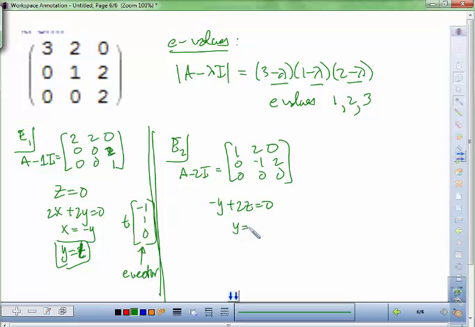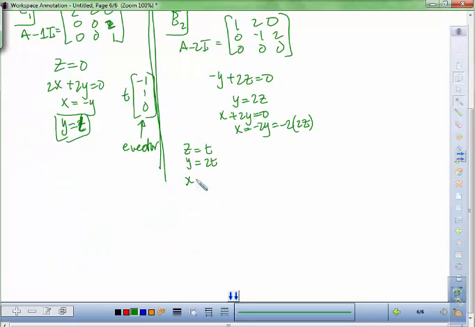So y is equal to 2z, which will turn into 2t. And then we have x plus 2y is equal to 0, so x is equal to negative 2y, which is negative 2 times 2z, so that's going to be negative 4t. So when z is equal to t, y is equal to 2t, and x is equal to negative 4t. So our eigenvector for this is negative 4, 2, and 1.